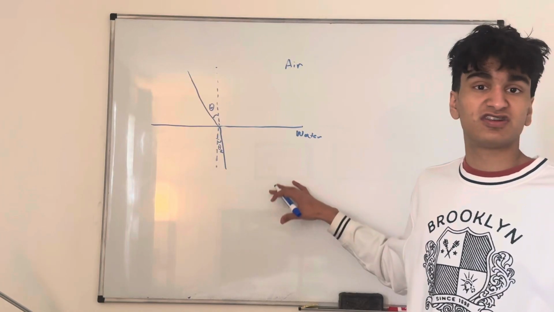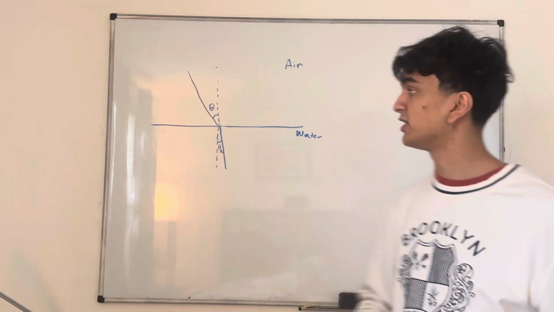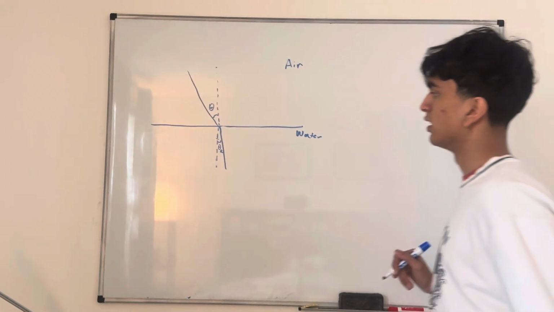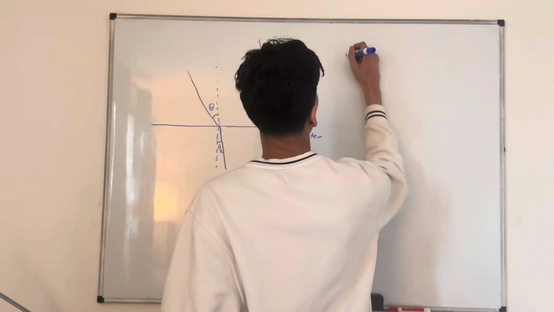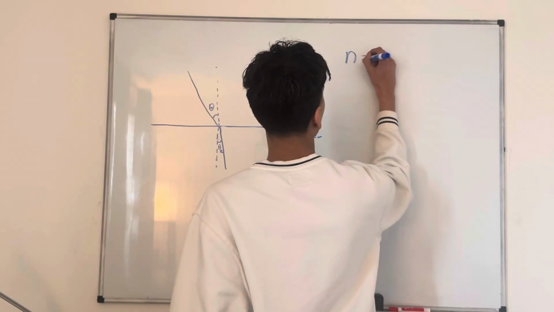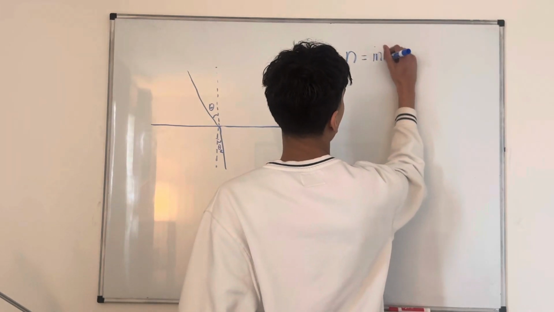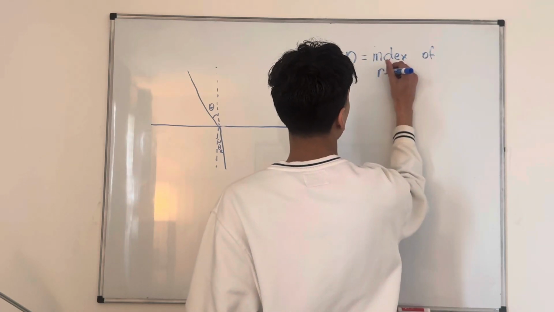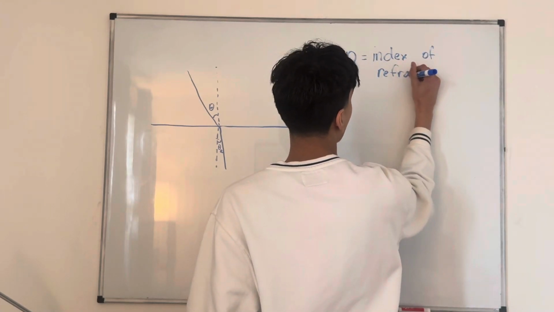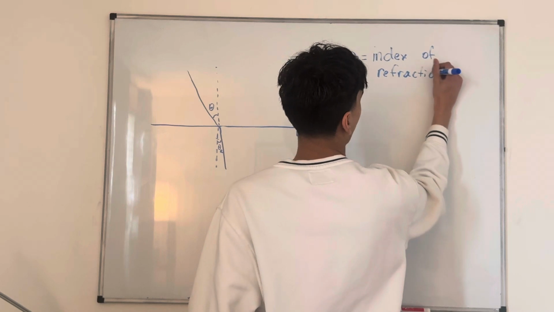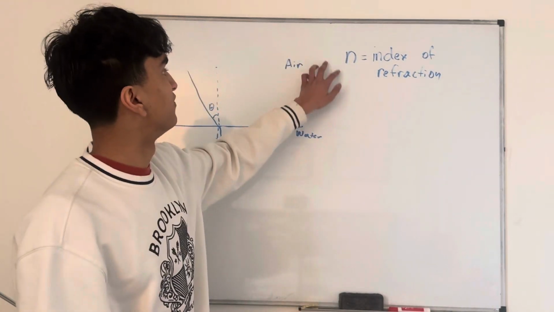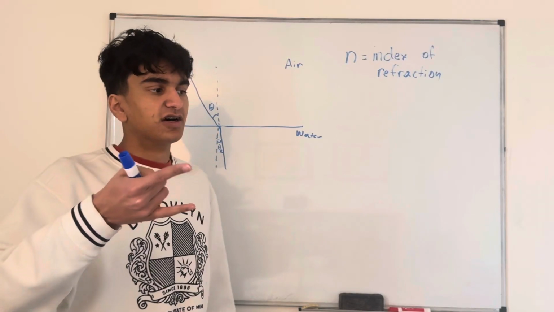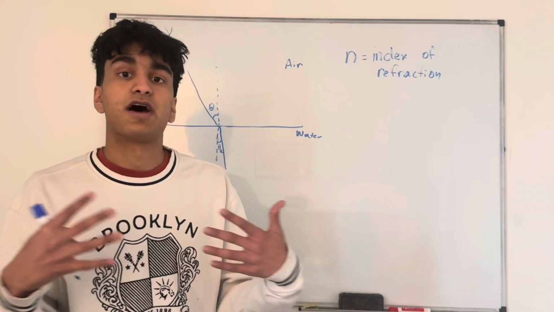And how much does this material slow down that light? Well, we call that the index of refraction. We use n to symbolize that, and it tells us by what factor the light slows down or speeds up.